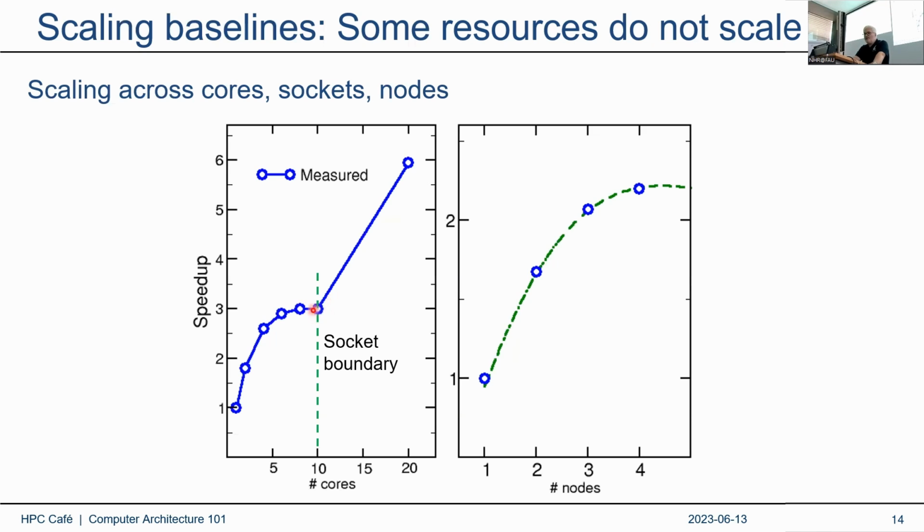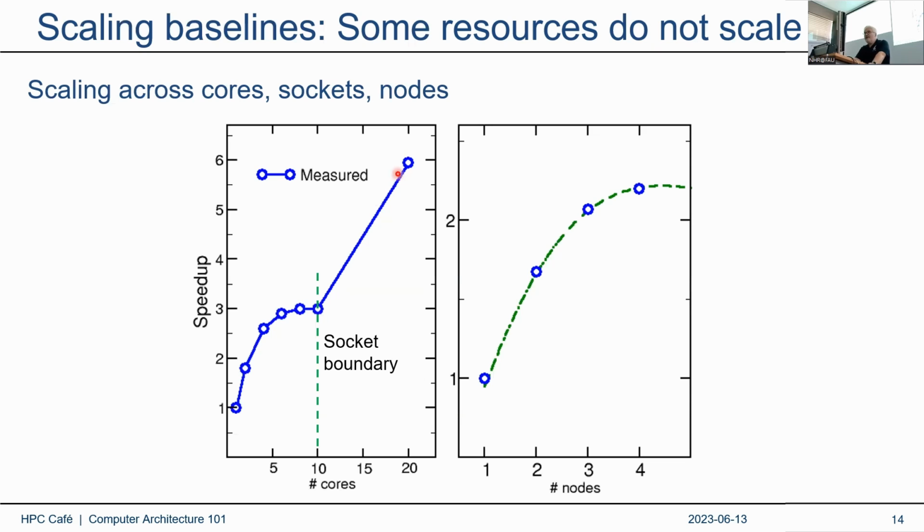However, as soon as we go from one socket to two, so from 10 to 20 cores, we get perfect scalability, because going from one socket to the next within a node, we get a second memory interface. The other socket has its own memory interface, remember? And as soon as I can use that, I get twice the bandwidth. That's why this code scales from one socket to two.